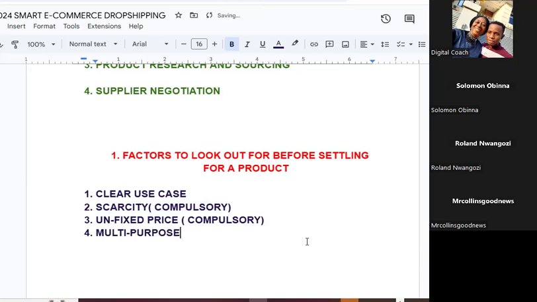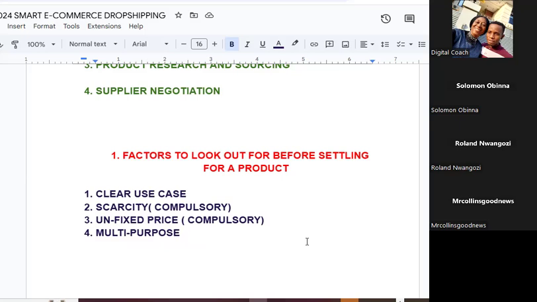You will be at an advantage if you sell a product that has multiple purposes. For instance, you are buying a kitchen product that can blend vegetables, onions, okra, ogbono, compared to someone that has a blending machine that can blend only tomatoes.